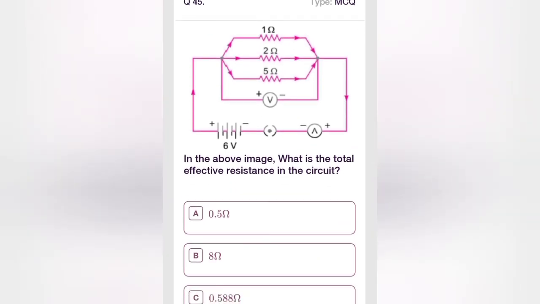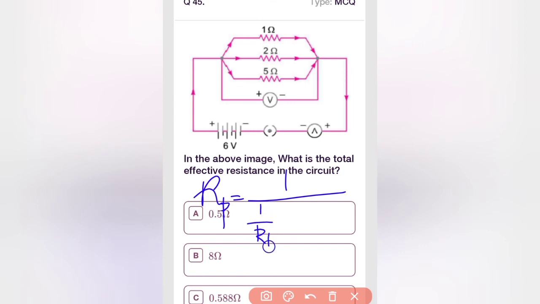So in this circuit, what is the effective resistance? We need to find total resistance. The formula for total resistance Rp is equal to 1 divided by 1 by R1 plus 1 by R2 plus 1 by R3. So this will be equal to 1 divided by 1 by 1 plus 1 by 2 plus 1 by 5. When we take LCM for this, it's 10.